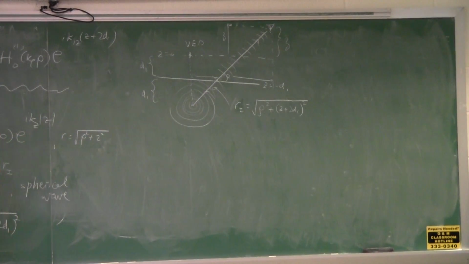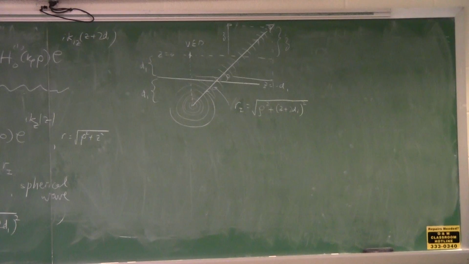Okay, it is a spherical wave that emerges from the image point, expanding and then reaching the observation point. But this reflected waveform is modulated by this coefficient.